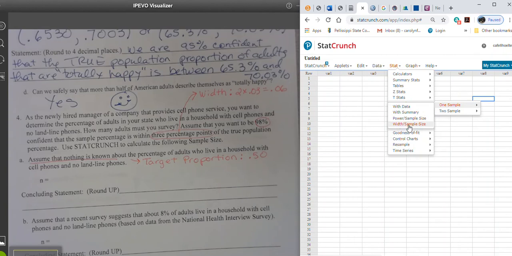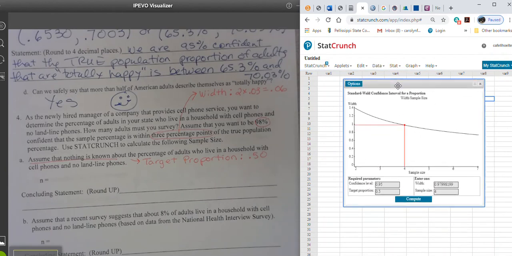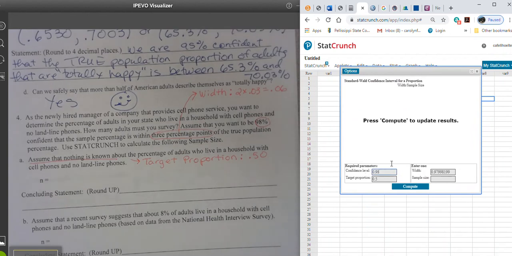This is how StatCrunch will find our sample size for us. Here is where we input everything we know. We want to be 98% confident. Our target proportion is going to stay at 0.5. We do not have any prior information, so we just put 50%, or 0.5.